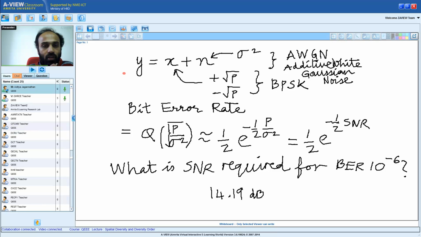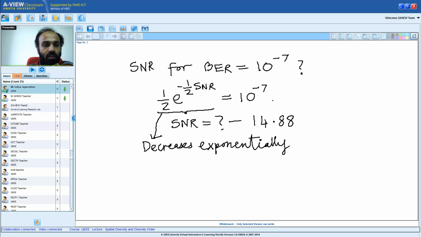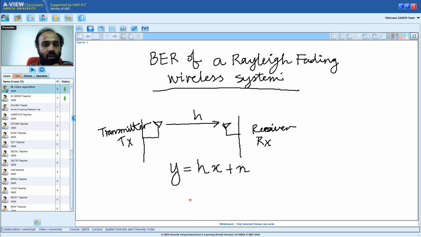For instance, in my previous system model, Y is equal to X plus N. However, here for a fading communication, the channel is multiplied by the fading coefficient.